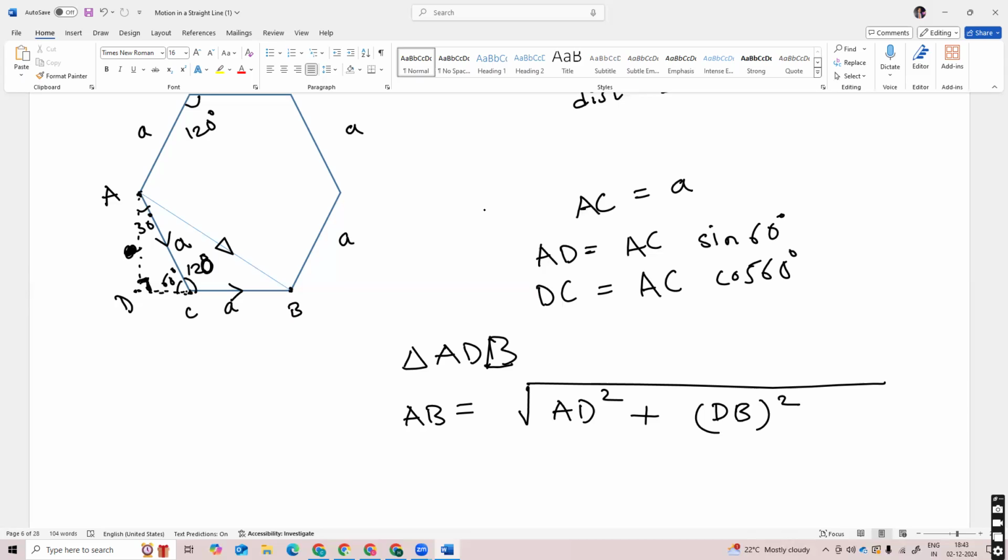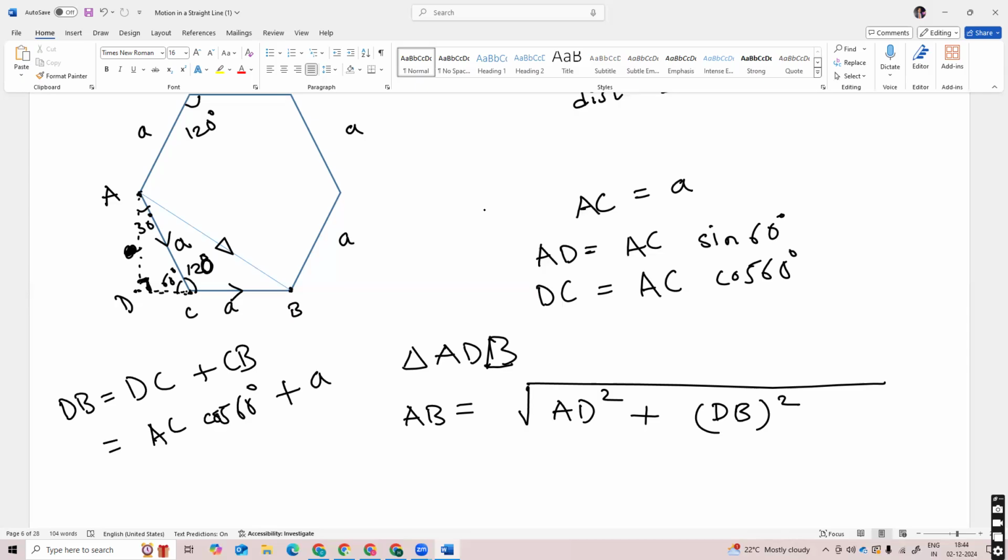So here DB is DC plus CB. DC is AC cos 60, and CB is basically A because it is a side of this hexagon.